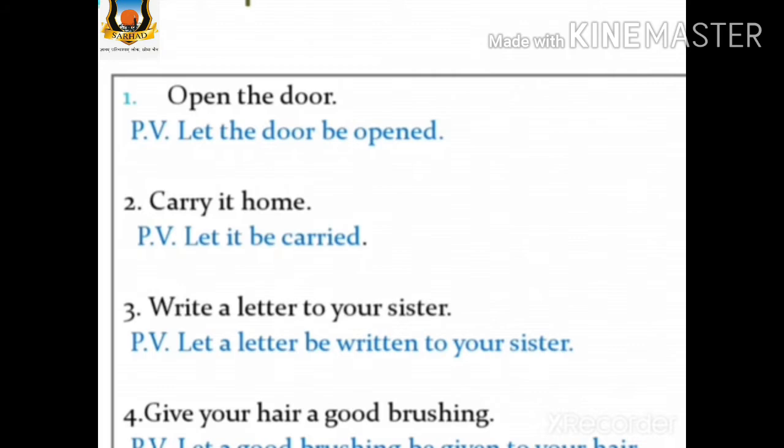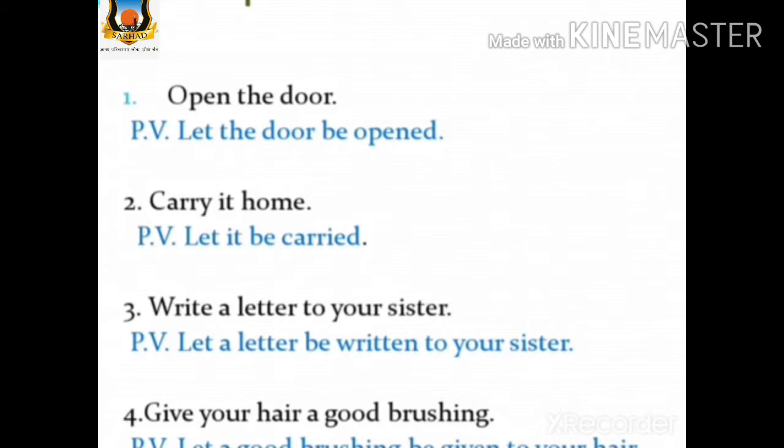Now look at that sentence in the passive voice. Our sentence in active voice is: give your hair a good brushing. In this sentence, give is a verb, your hair is a subject, and a good brushing is an object. So how will it come? Let plus object, a good brushing, plus be plus give, gave, given, V3 of the verb, and then the remaining part of the sentence: let a good brushing be given to your hair.